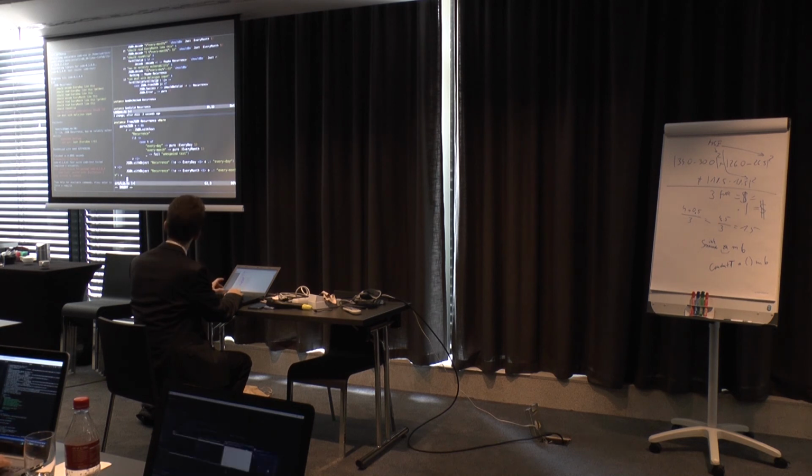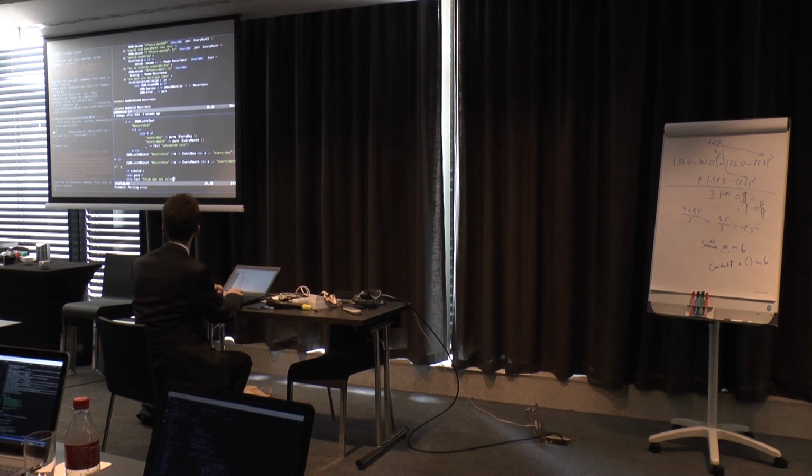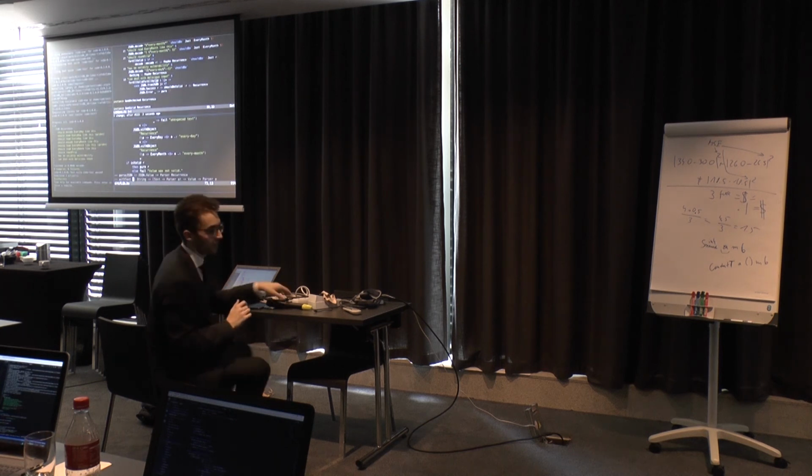And then if it is valid, then we can return it. Otherwise we fail with "value was not valid." There we go. That's how you fix your regression test.